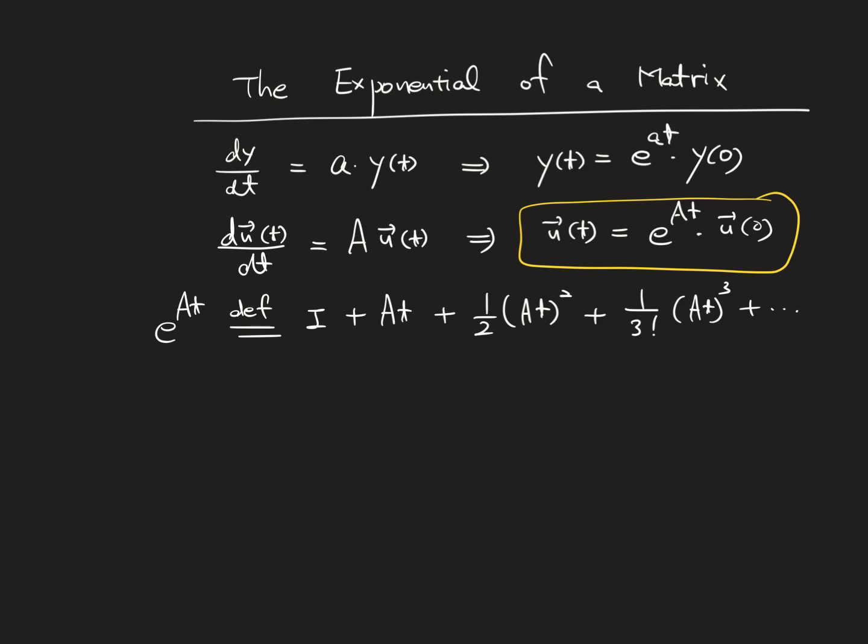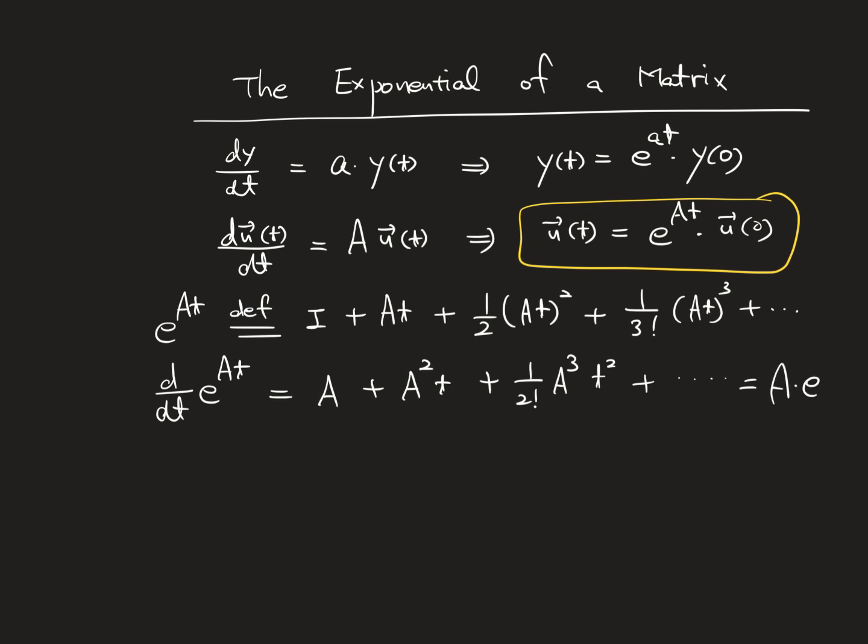This is just a definition using the Taylor series, but A is now a matrix. Then we differentiate with respect to t, and we see A + A²t + (1/2!)A³t² + and so on. And it's just A times e^(At).